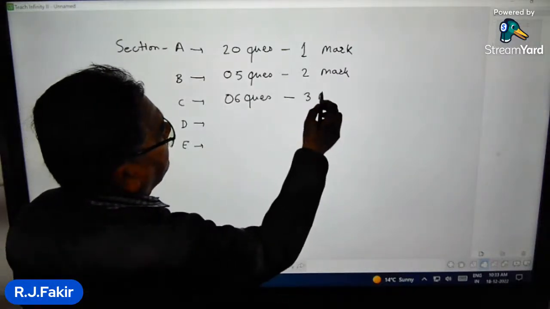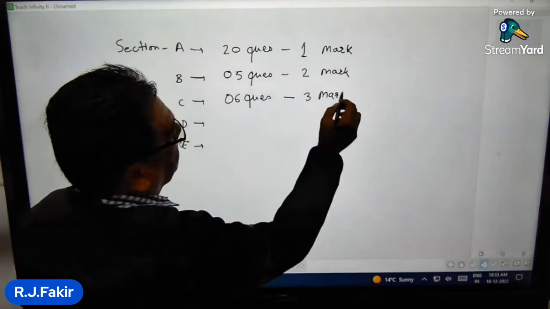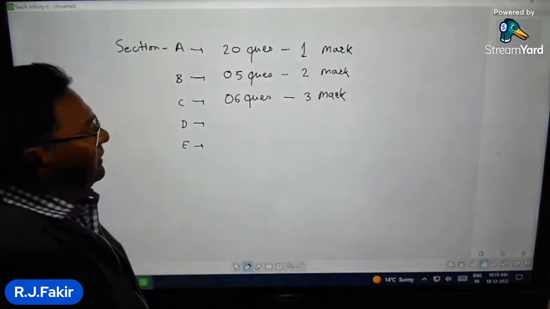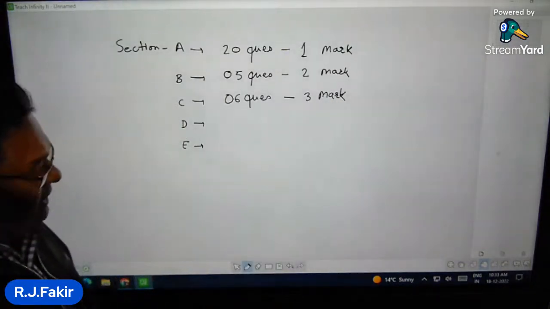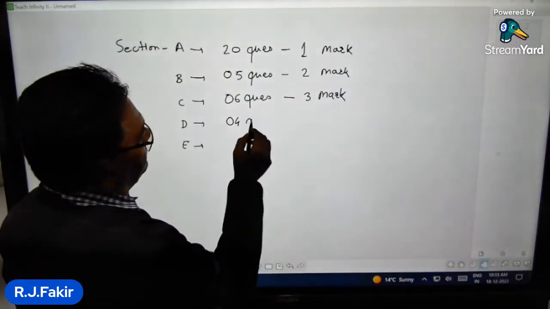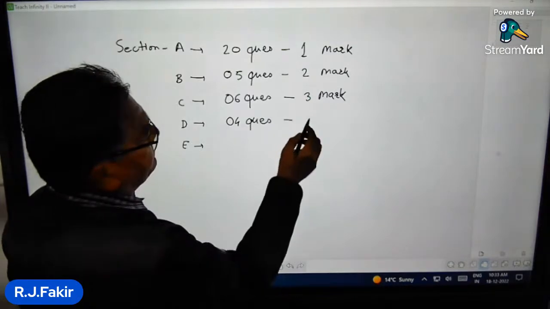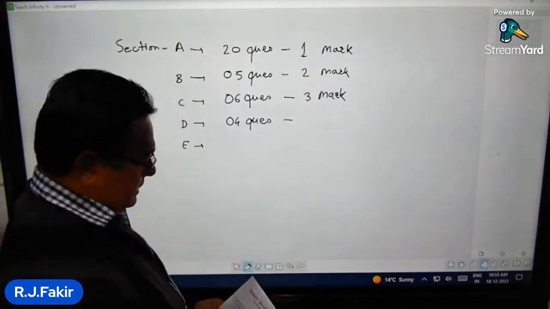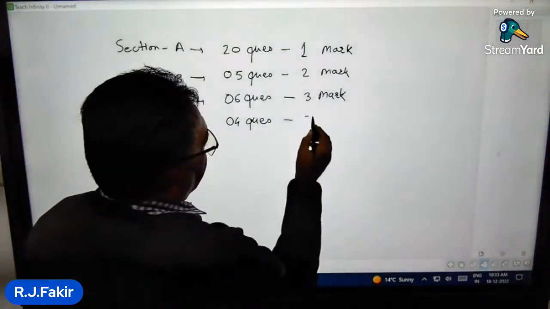Each will carry 3 marks. Section D will have 4 questions and that will be 5 marks each.